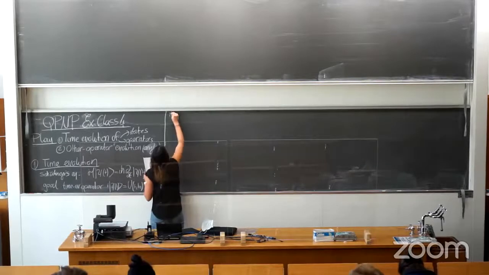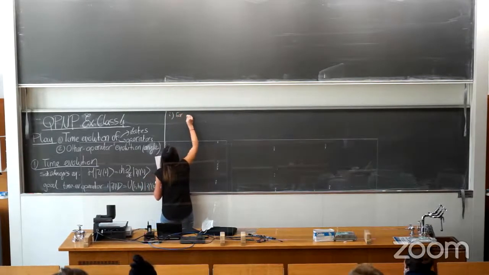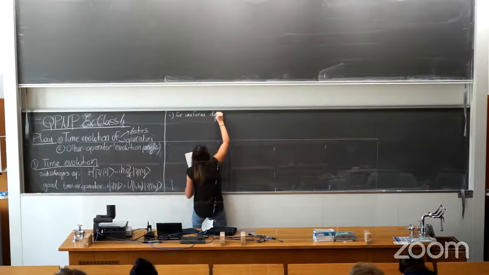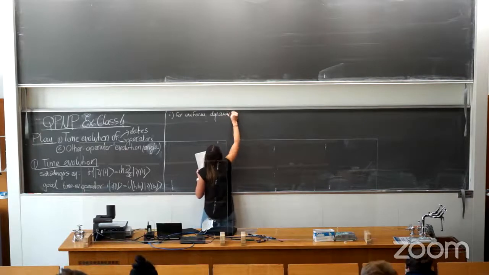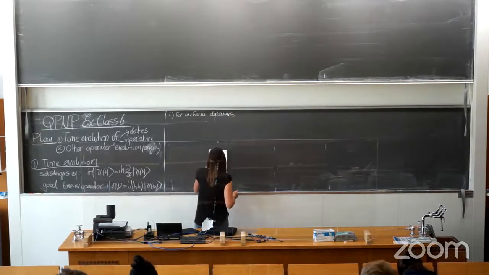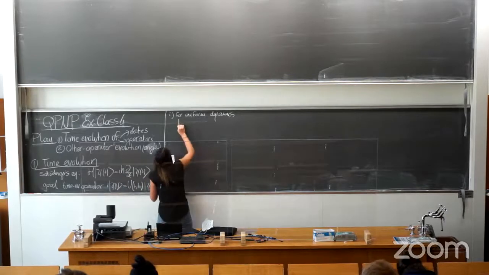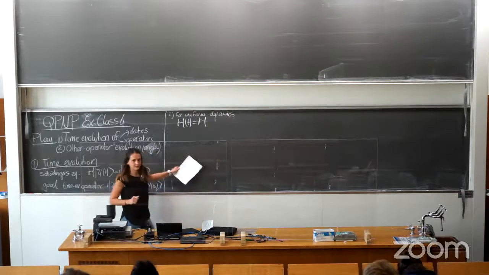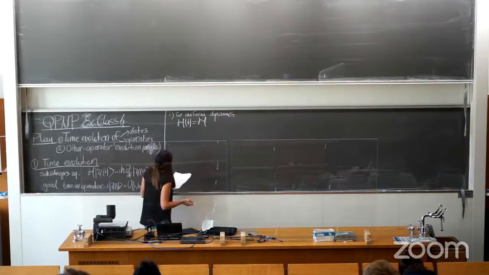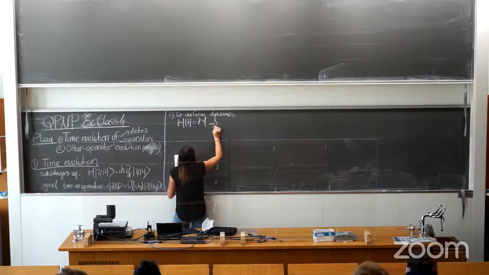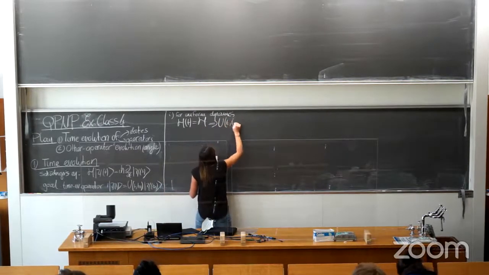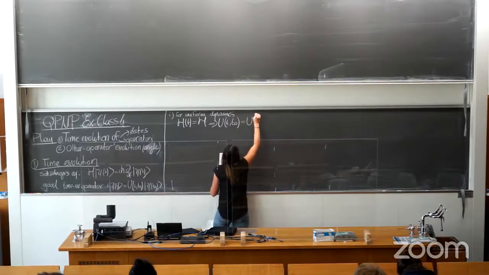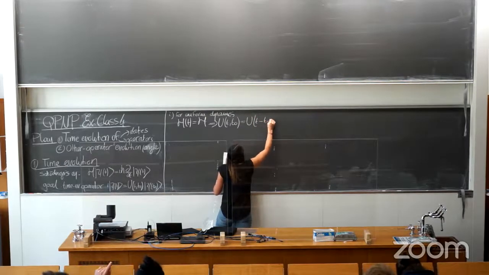For uniform dynamics, which you saw already in the lecture, the Hamiltonian is time independent. And in this case, it follows that our evolution operator only depends on the time interval. Yes?